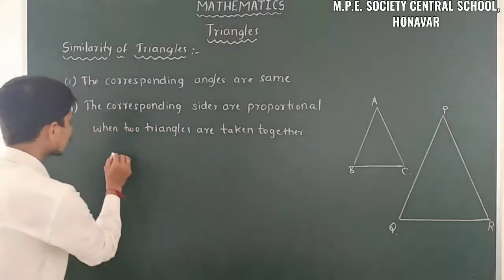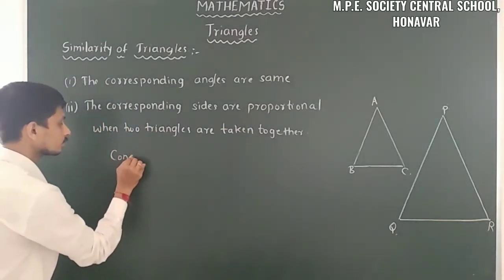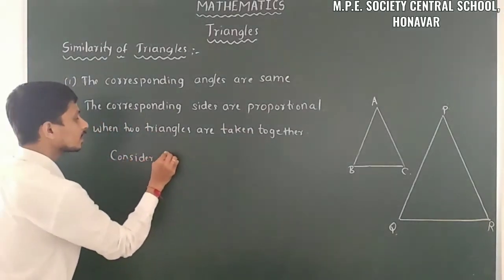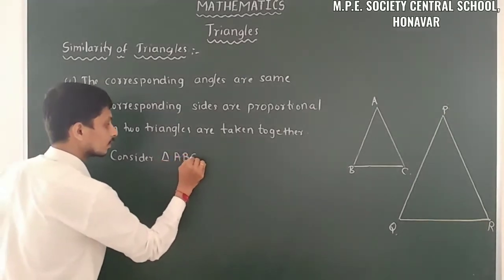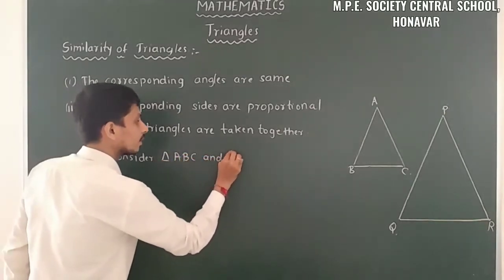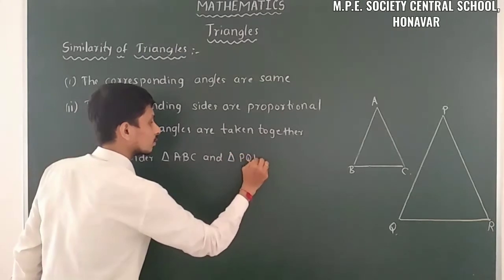So here I will consider triangle ABC and triangle PQR.